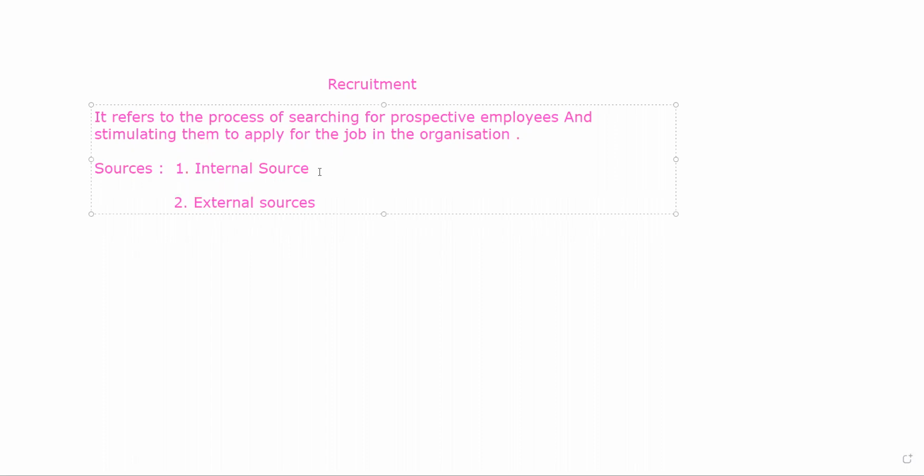If I talk about the internal source, it consists of various things. What can be the internal source? It can be the transfer. I'll explain the terms later on after telling you the names of the sources first. Promotion.